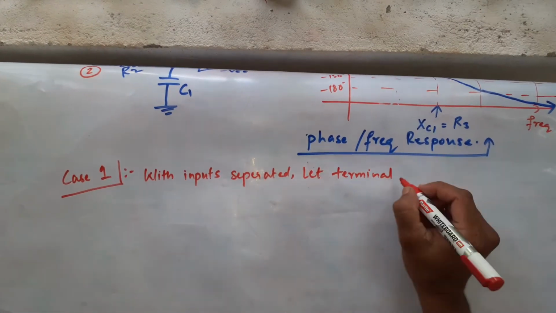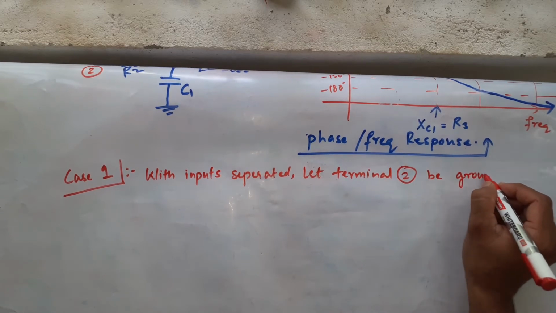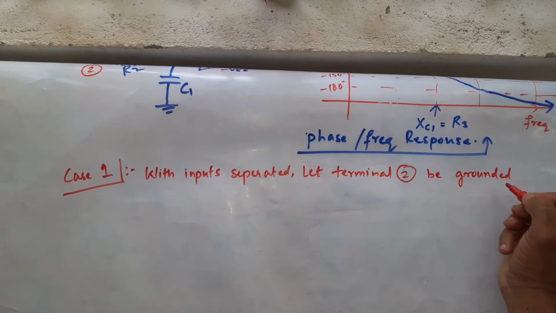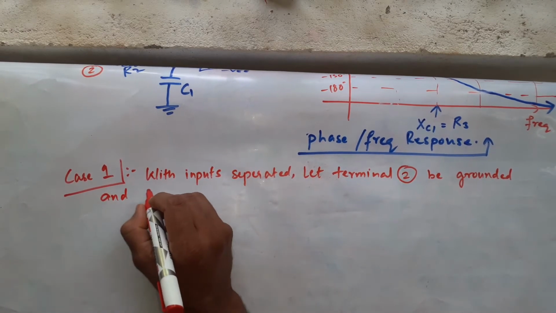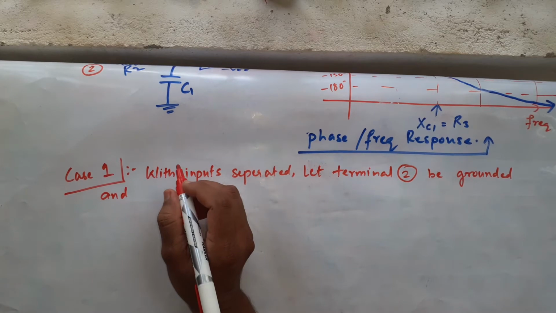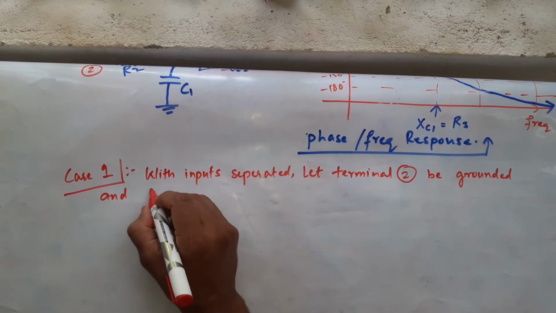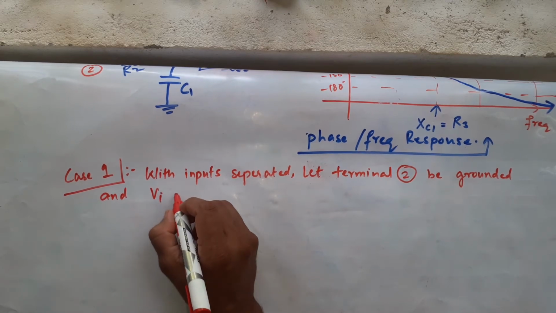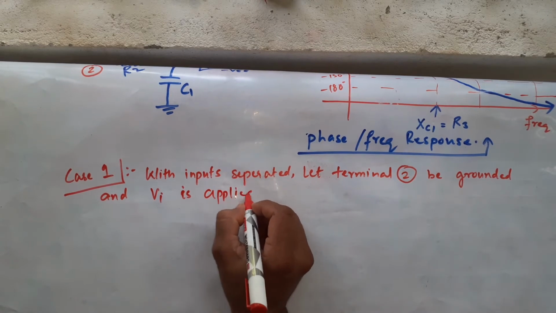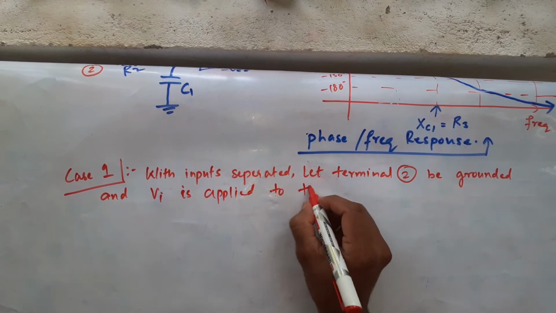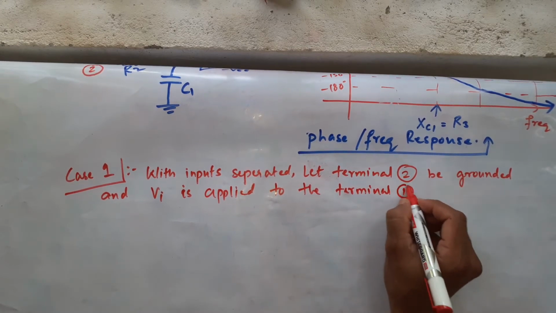Let terminal 2 be grounded, and if terminal 2 is grounded, terminal 1 is to be supplied with input voltage, and V in, or V input, is applied to the terminal 1.